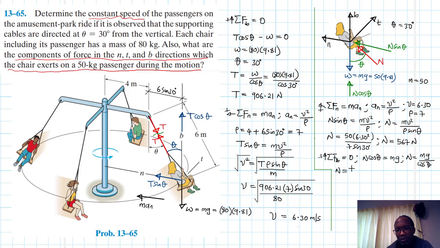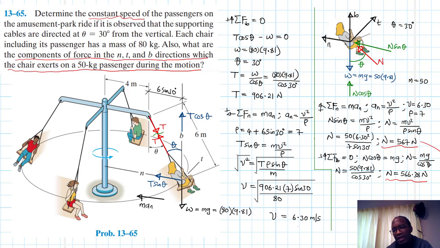So N will be equal to 50 by 9.81 divided by cos 30. So this gives us 566.38 newtons.